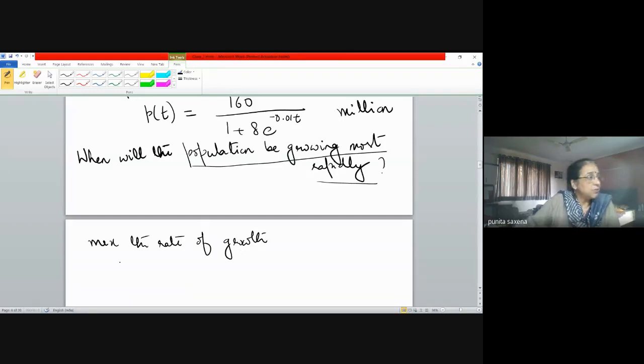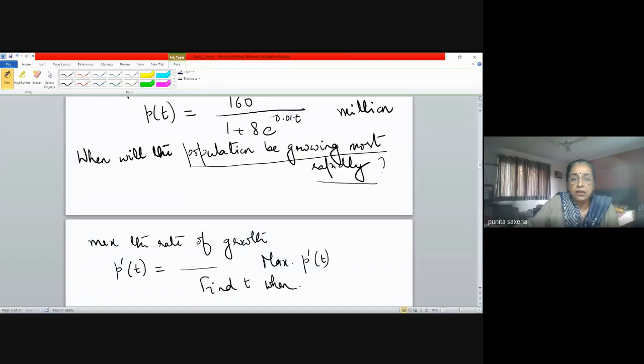So what we have to do is find p dash t first. Of course, it will again be a function of t. Something or the other will come here, okay? And then you have to maximize p dash t. That means you have to find t when p dash t will be maximum.